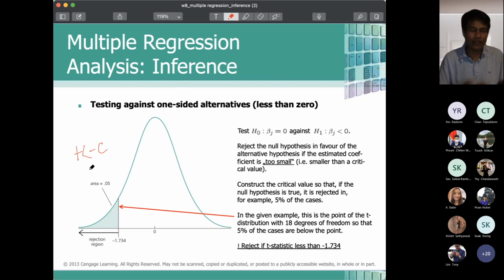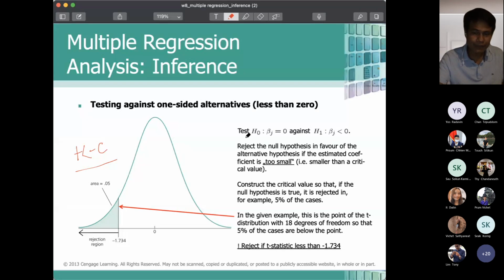So earlier, when you had an alternative hypothesis that you believe the coefficient is bigger than 0, you reject the null hypothesis if t is bigger than c. But for an alternative that is less than 0, you reject the null hypothesis if t is less than minus c, right?